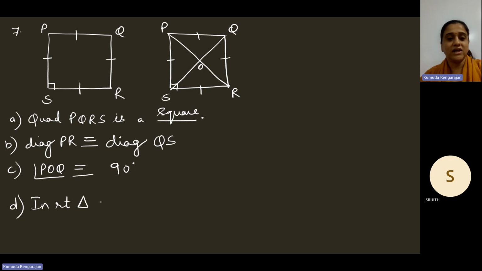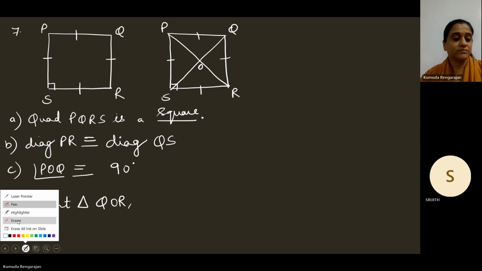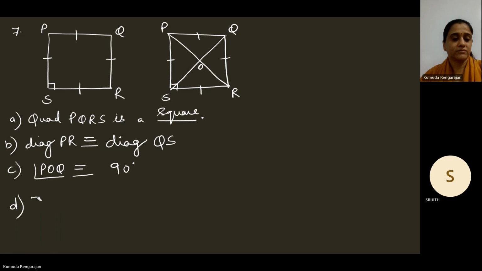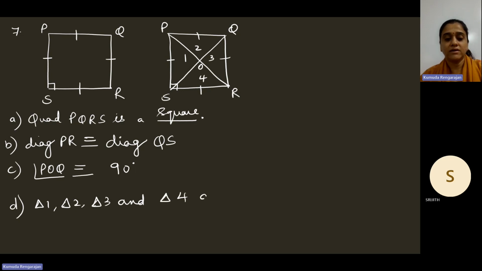That's why I didn't write it. In right triangle QOR. Okay, one minute. Triangle 1, triangle 2, triangle 3, and triangle 4 are dash triangles.